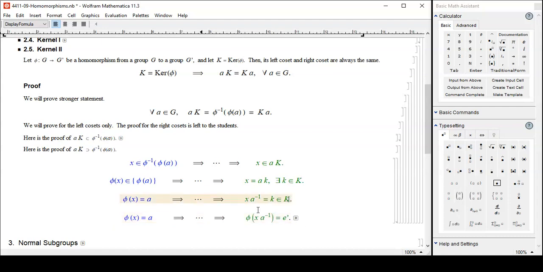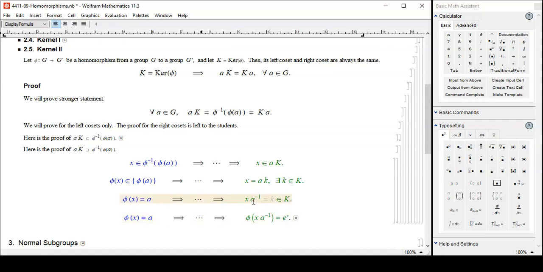Do you see this? X times A inverse belongs to kernel, so I really don't need this part anymore. That means the function value phi of x A inverse is the identity E prime. So this and that are the same.